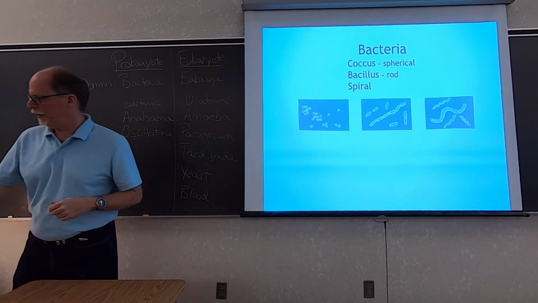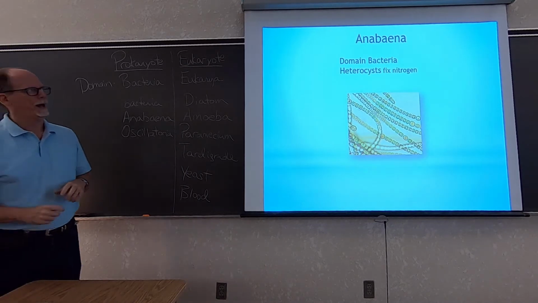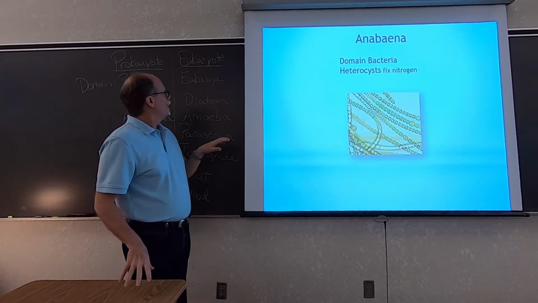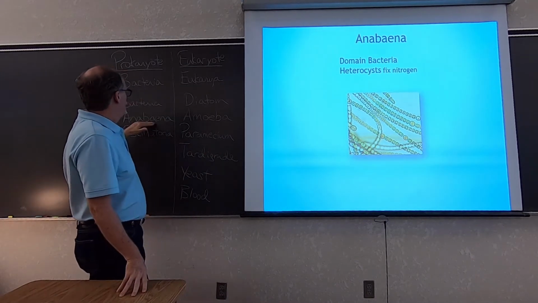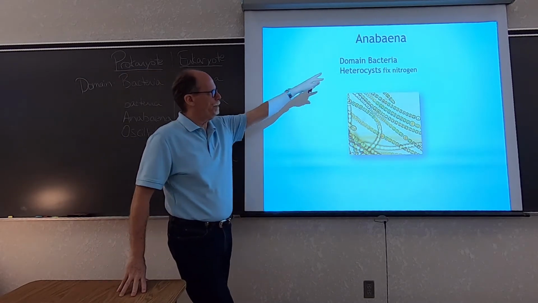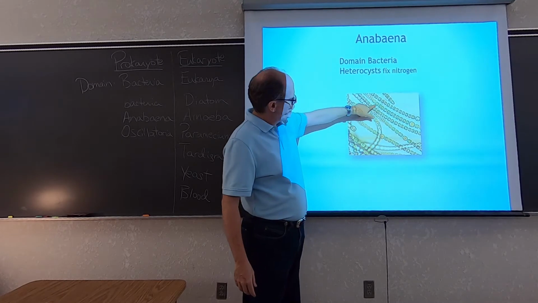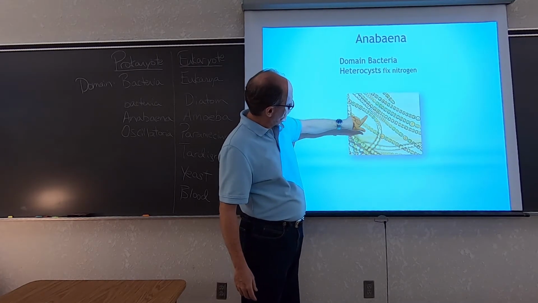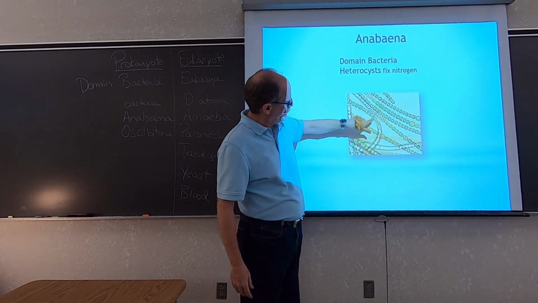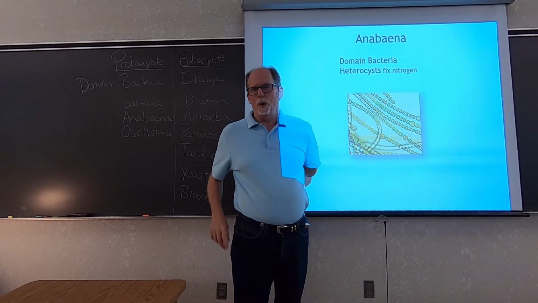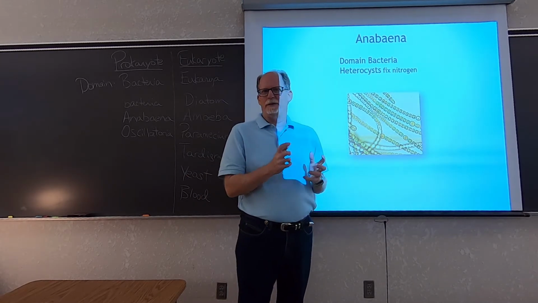Then there are a couple other organisms you should be familiar with. Anabaena belongs to the domain bacteria, the heterocyst. These are actually long chains where each one of these little rectangles or squares is an organism. They just kind of stick together.